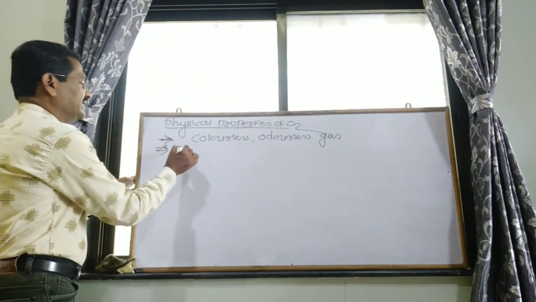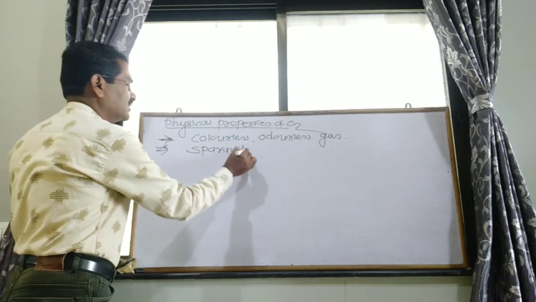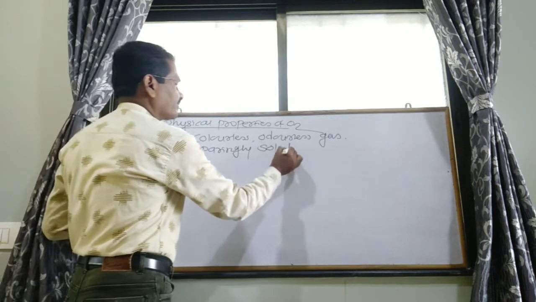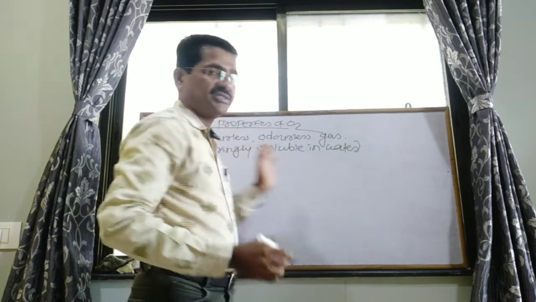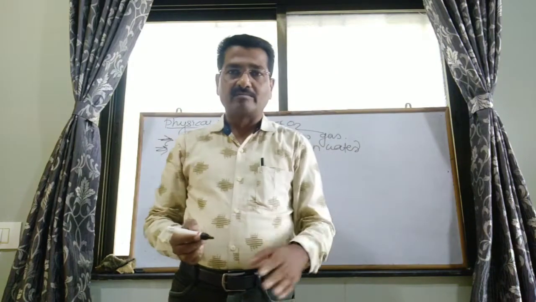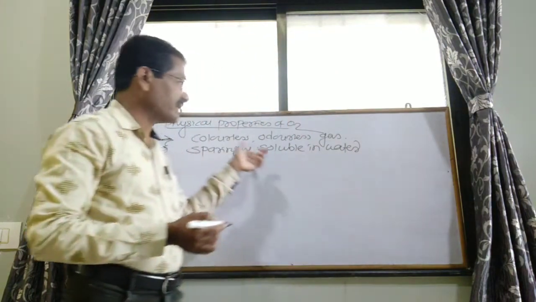Second, it is sparingly soluble in water. Oxygen can dissolve in water, but only to a small extent, in small quantities. That is called sparingly soluble.